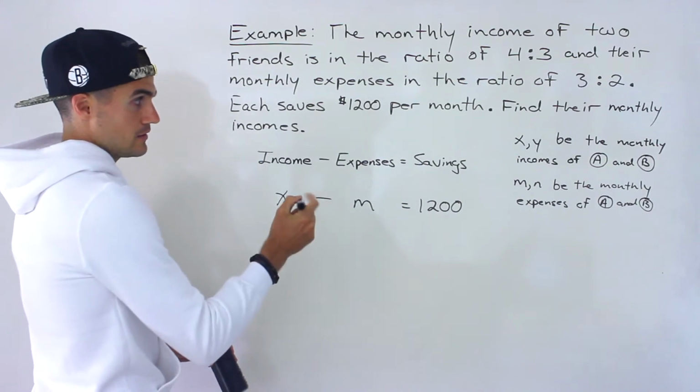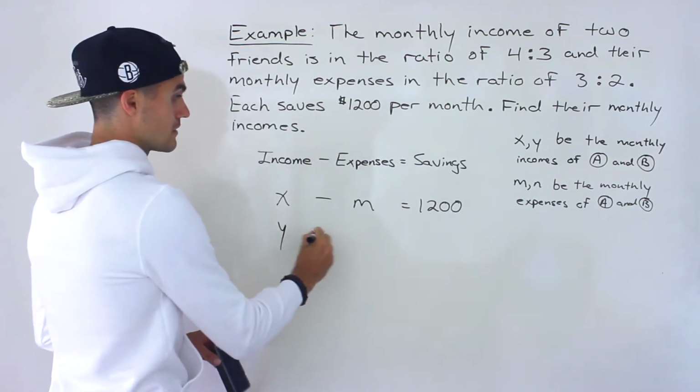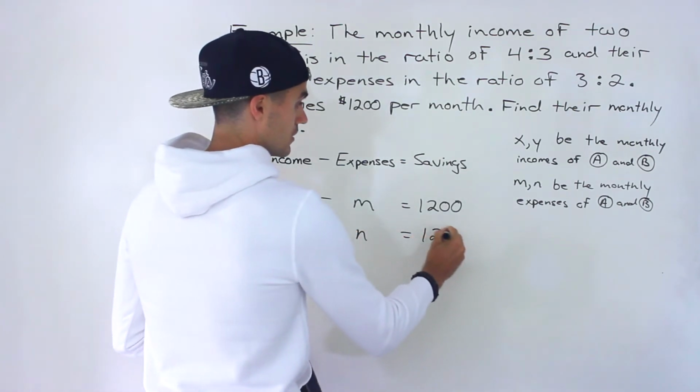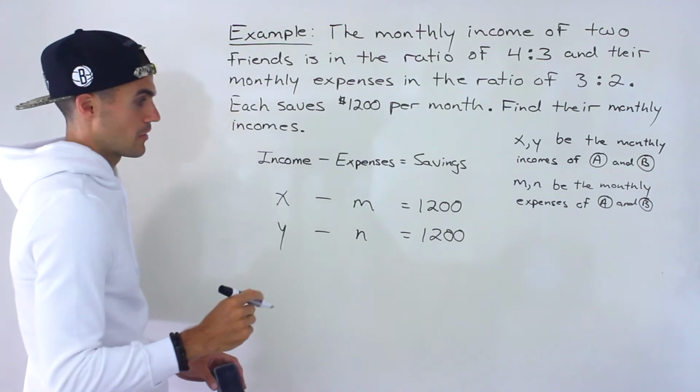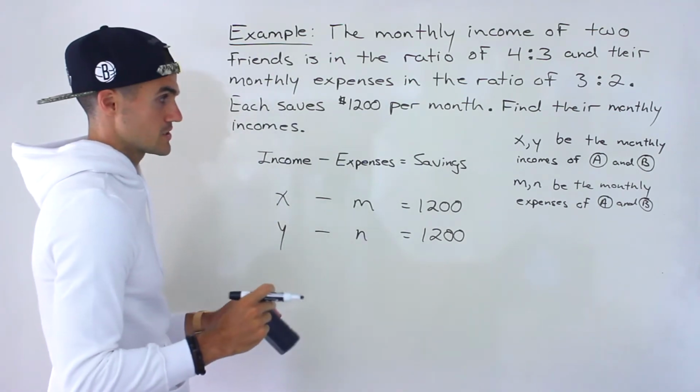And then the other friend, friend B, their income is Y, their expenses are N, and they're also saving $1,200 per month. Right? So already we're creating some equations here.